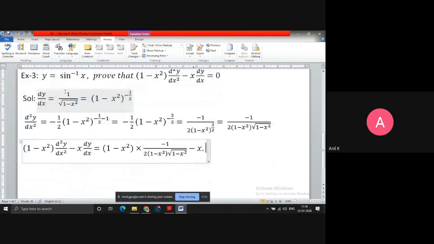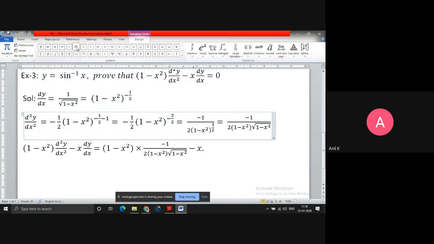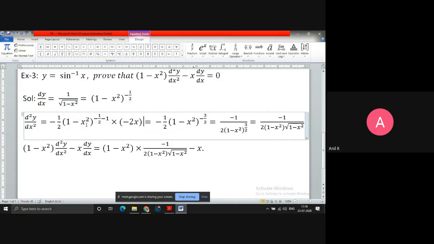Here one more thing we are missing, I think. One more term is missing here. See, we differentiate this one, right? 1 minus x square whole to the power of minus 1 by 2. That is n into x to the power of n minus 1, and here we multiply by the derivative of 1 minus x square also, right? The derivative of 1 minus x square is minus 2x.